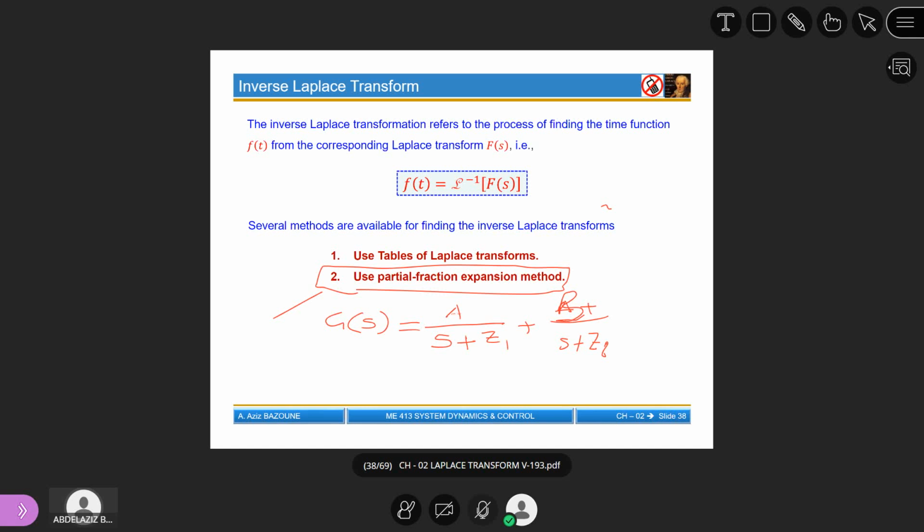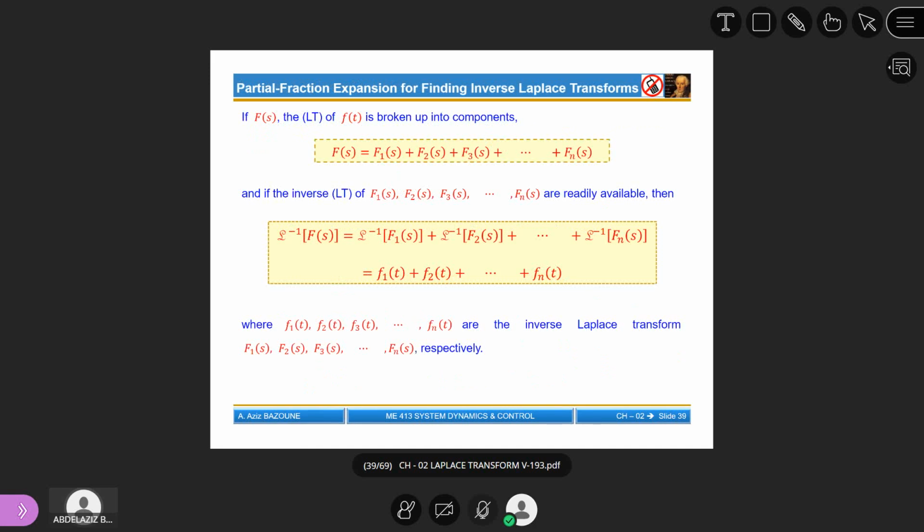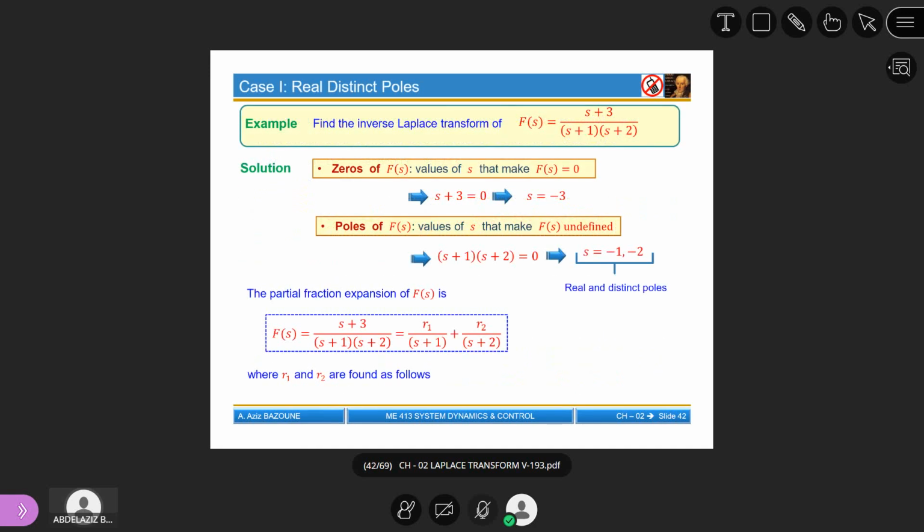The inverse Laplace transform g of t will be simply a e to the minus z1 t plus b e to the minus z2 t. So if we write the expression in partial fractions like this, the inverse Laplace transform is easy. We will go through some examples, and I will also show you some special cases.